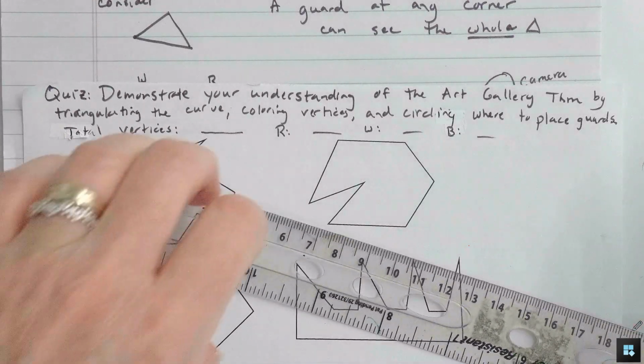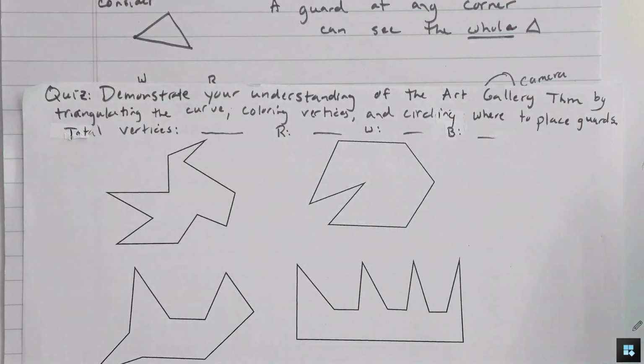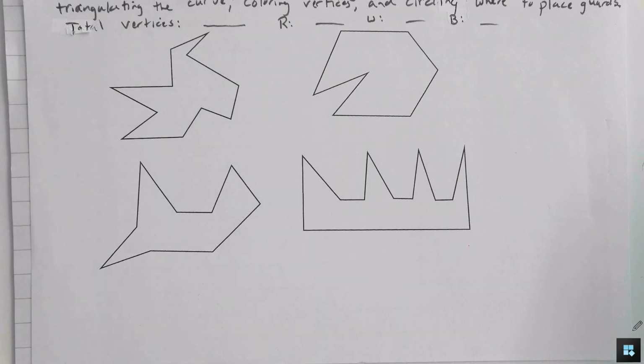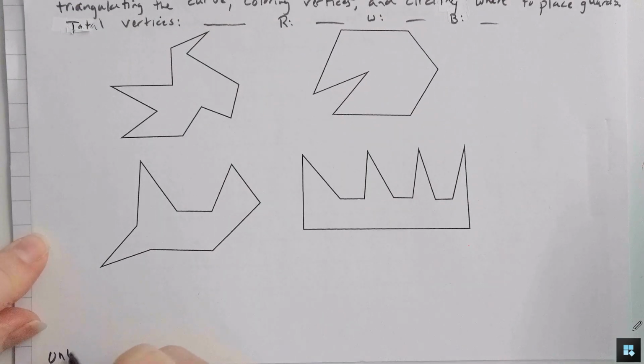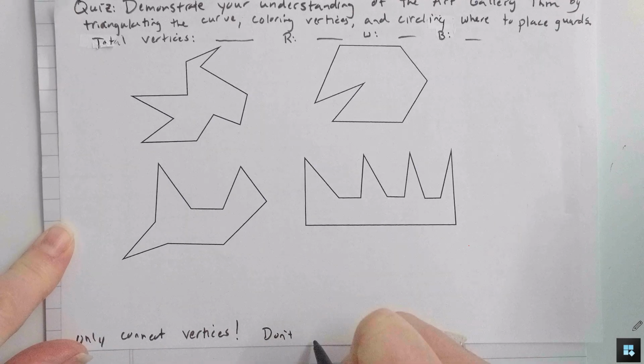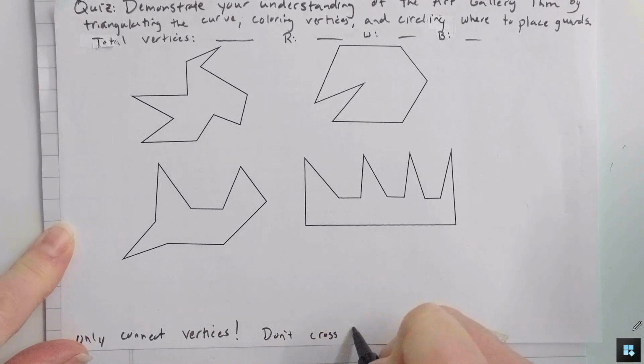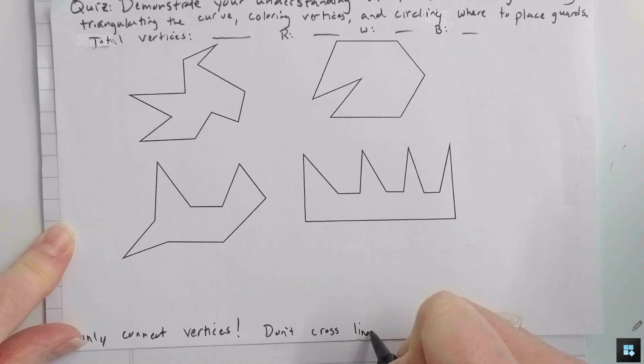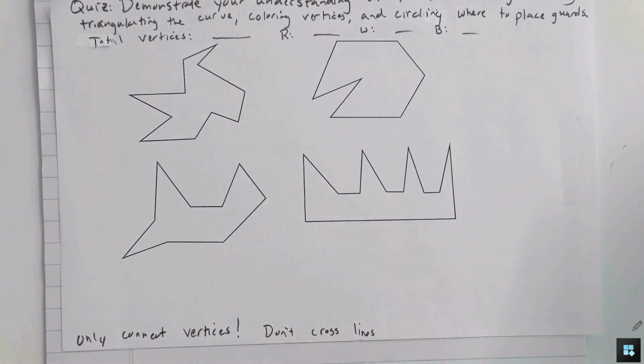So as you're doing this, remember, only connect vertices when you're making these triangles. Don't cross lines in the center. So don't cross lines as you're making these triangles, okay?